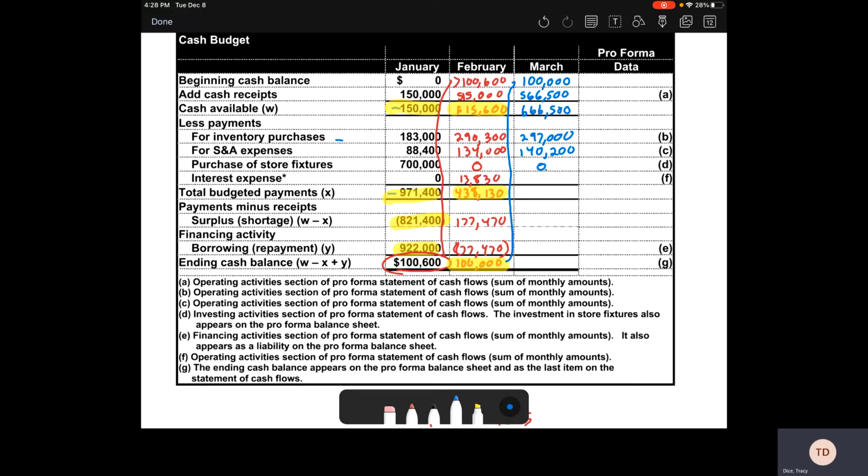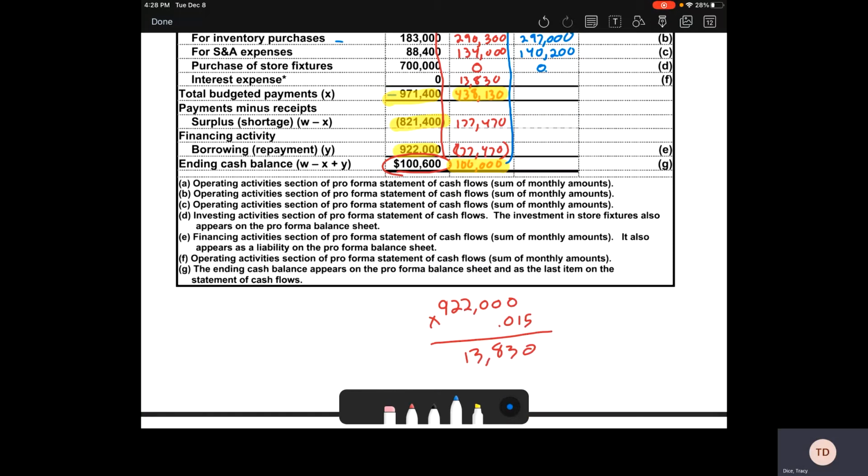Now we can figure out what we owe for interest. Well, we had $922,000 in total borrowed funds, but we repaid $77,470, which then leaves us with a balance of $844,530.